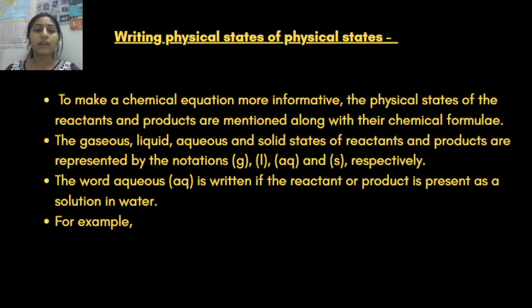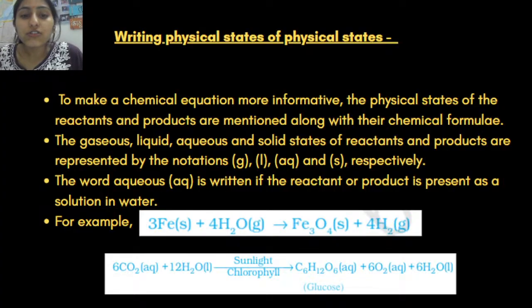Also, when we write a chemical reaction, to make it more informative, the physical states of the reactants as well as the products are mentioned along with their chemical formula.